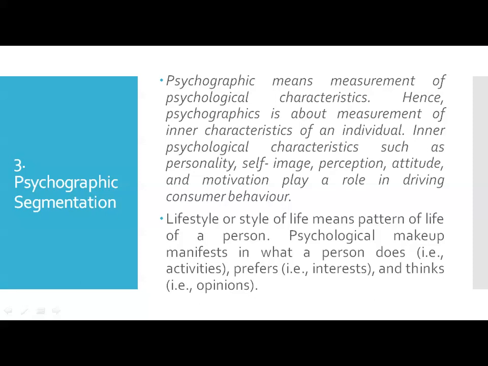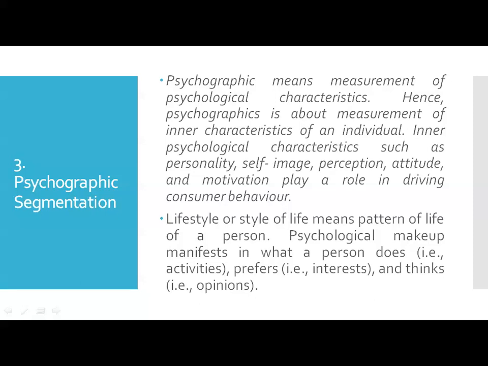The lifestyle or style of life means the pattern of life of a person. Psychological makeup manifests in what the person does, that is various activities, what the person prefers, that is the interests of the people, and what the person feels, that is thinking or their opinion.